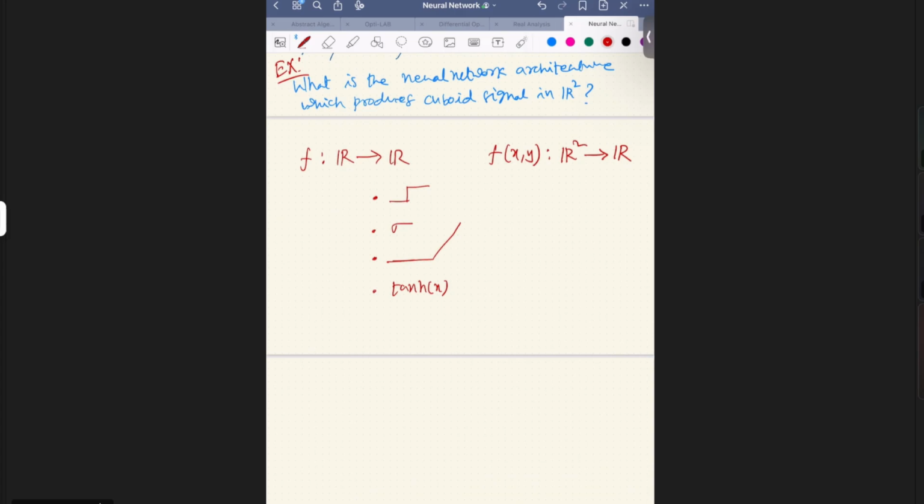Now you make notes, or you make a kind of literature on your own experience. It is not from anything, it is your own experience. Draw all these building blocks, how they are participating in the function approximation, in 1D as well as 2D.